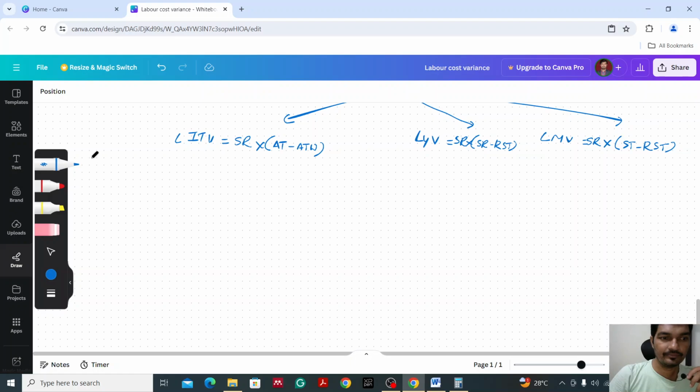Similarly, first we use skilled labor, this is semi-skilled, this is unskilled. We have to calculate the three items.